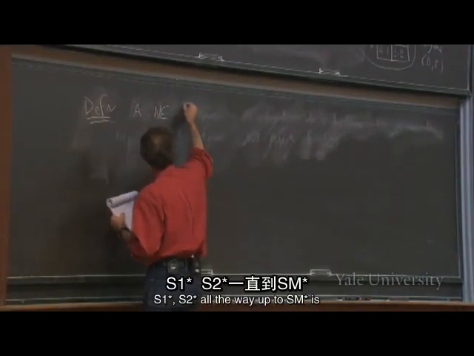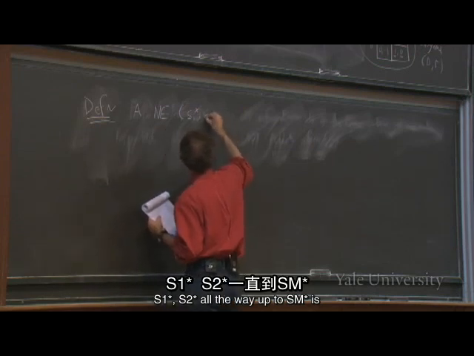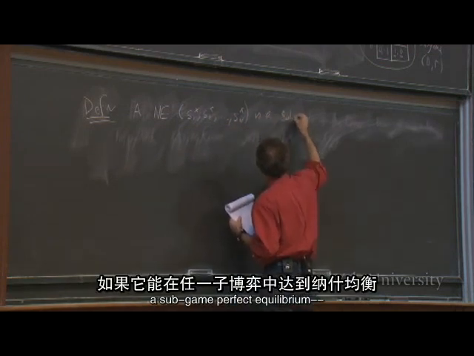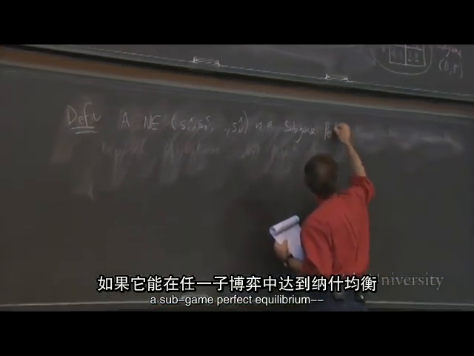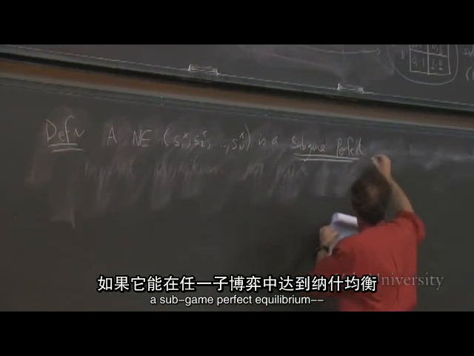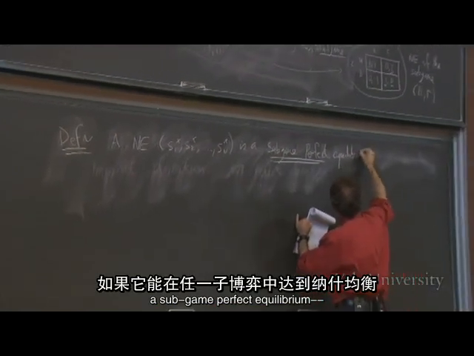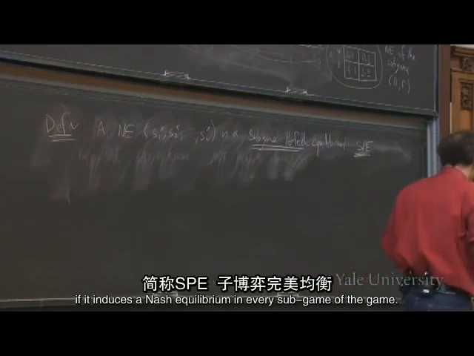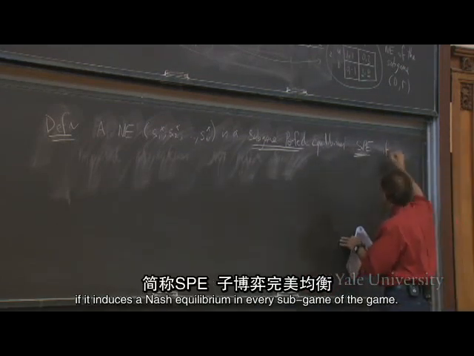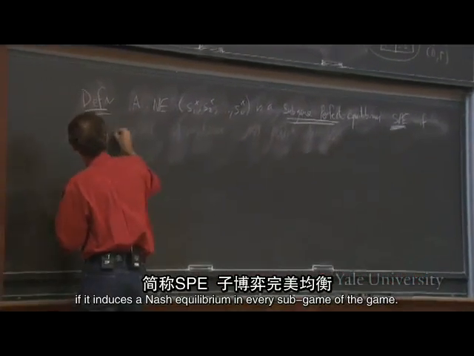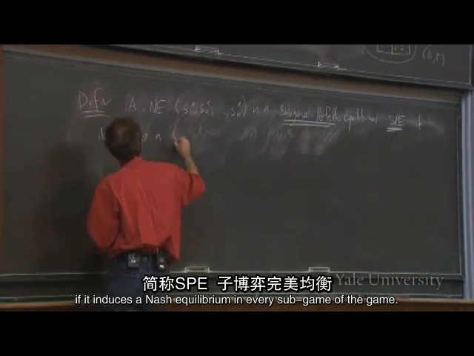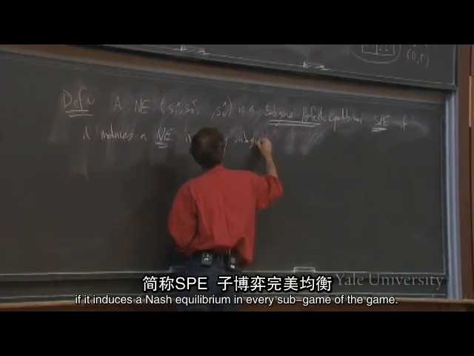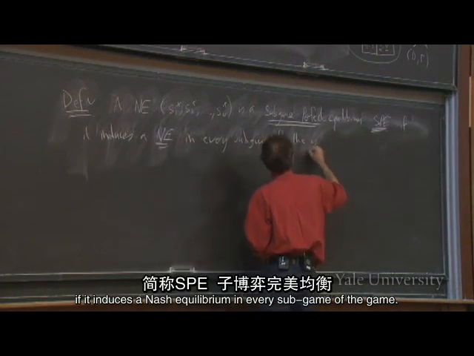So a Nash equilibrium, S1 star, S2 star, all the way up to Sn star, is a subgame perfect equilibrium, an SPE, if it induces a Nash equilibrium in every subgame of the game.